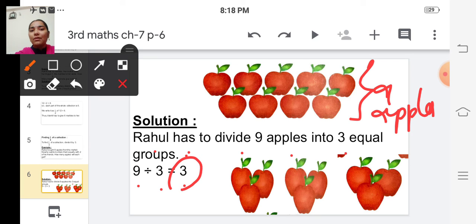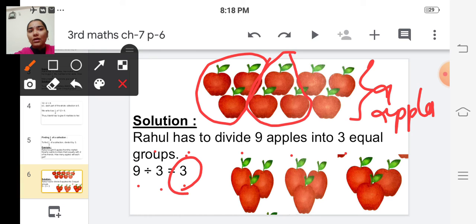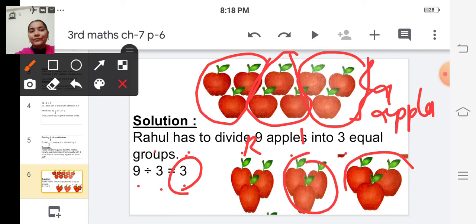So each member will get 3 apples. So these 3 apples for Rahul and these 3 apples for one of his friends and these 3 apples for the other friend. Okay. So this is for Rahul and this is for one of his friends and this is for the second friend.